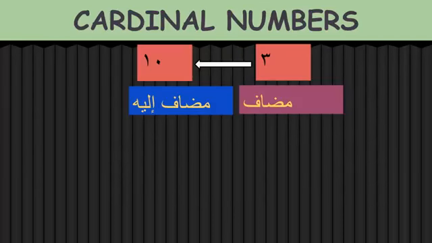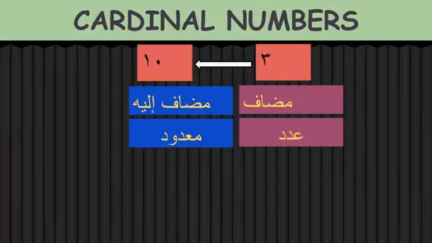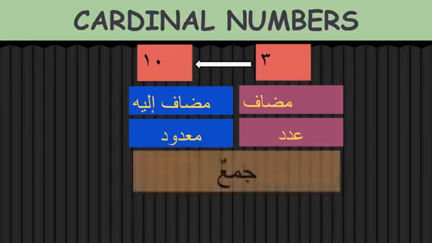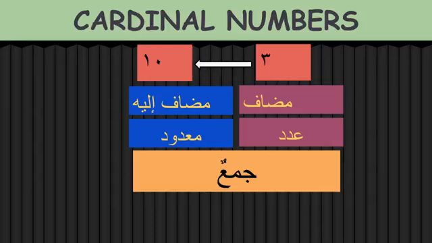And from 3 to 10, we know the relationship of mudaf ilayhi, where the number comes first. That's the difference here. The number comes first, like thalathatu aqlamin. Here the adad and ma'dud are in different genders, the adad comes first and the ma'dud next, and the noun is always in plural form.